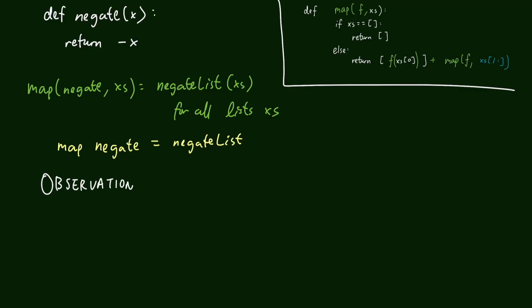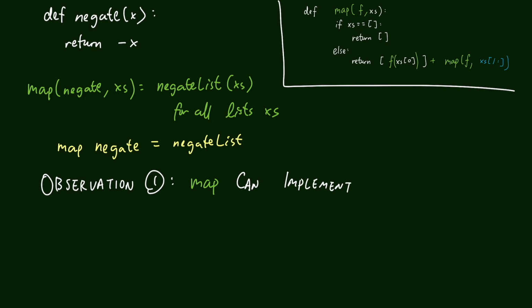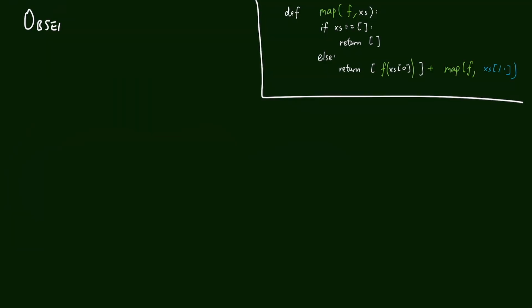That is our realization that map can implement doubleList and negateList from double and negate, and similarly, map can create many other functions from existing ones. Besides, it is important to note that functions can take other functions as arguments.